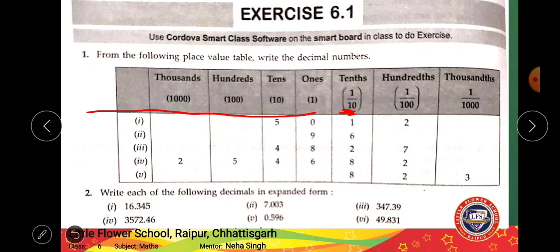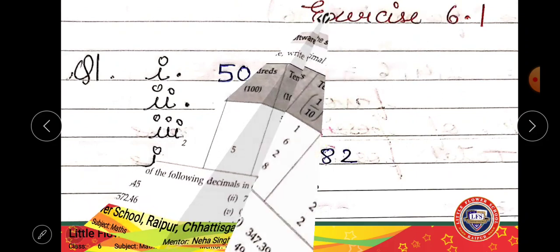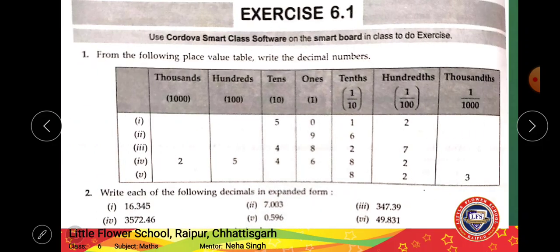So for the first, see how we are going to write this term. First is 50. So 50, after that the fraction starts, so we'll put a point and 1, 2. So the answer for the first question will be C, 50.12, right? See the second now. Second is 9.6, right? Next, 48.27, right?